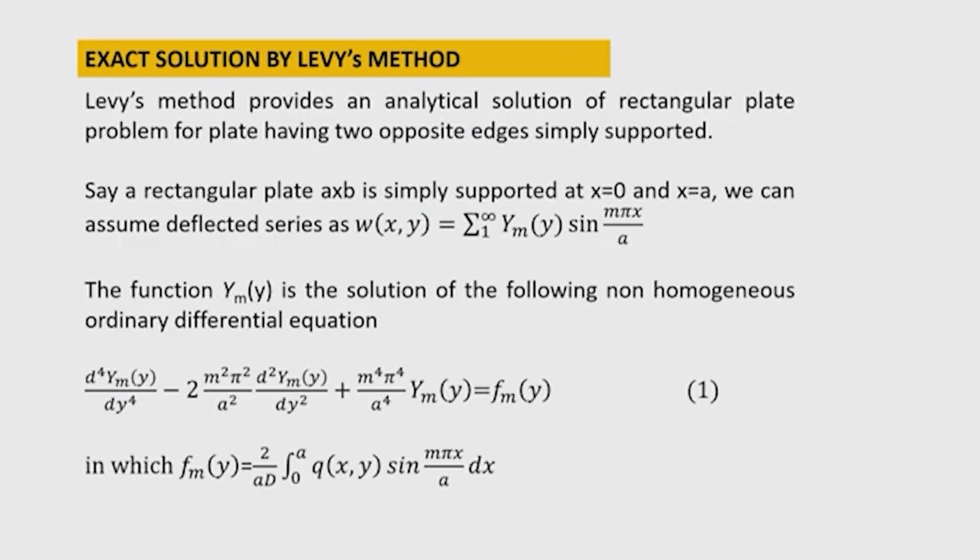Levy's method, I have told, gives the exact solution. Navier's method also gives the exact solution, but the difference is that in Navier's method the requirement is that all 4 edges of the rectangular plate should be simply supported, whereas in Levy's method some relaxation is made: only two opposite edges are required to be simply supported and the other two edges may have any boundary conditions, the same or different, or may be elastically supported, or supported by a torsional spring.